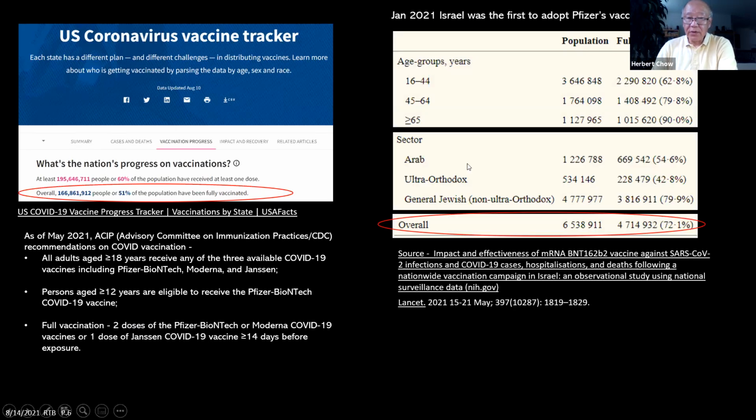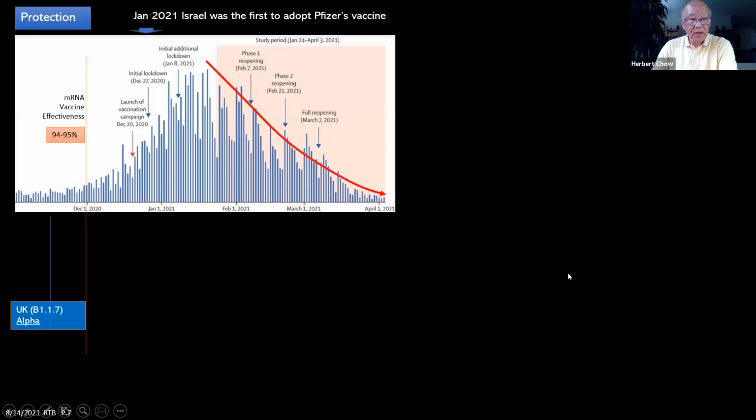We're looking at the Israel data because Israel is a country that first adopted the Pfizer vaccine, and now they have, I would say, about 80% of the population already vaccinated. So it's a good place to study the vaccine effect, and it's already published.